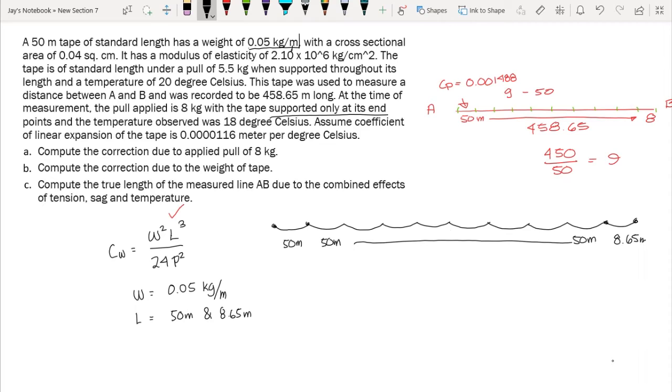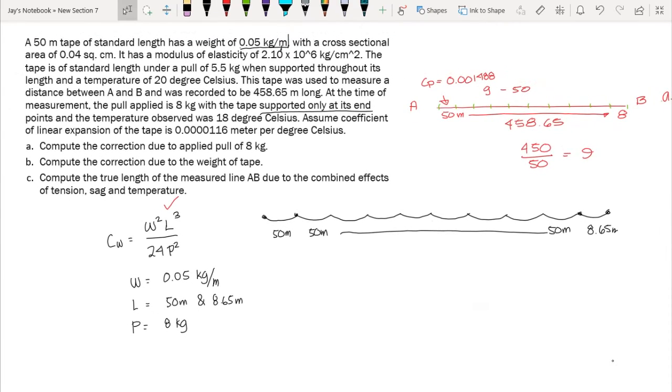Okay? Now we have the applied pull. We have 8 kilograms. So we substitute all the values in the formula. So we have CW is equal to 0.05 squared. Now the unit here is in kilograms squared per meter squared, times the length 50 cubed.